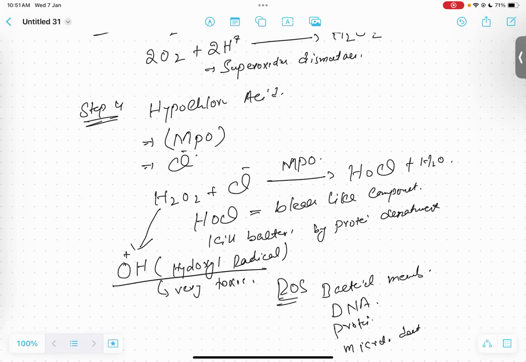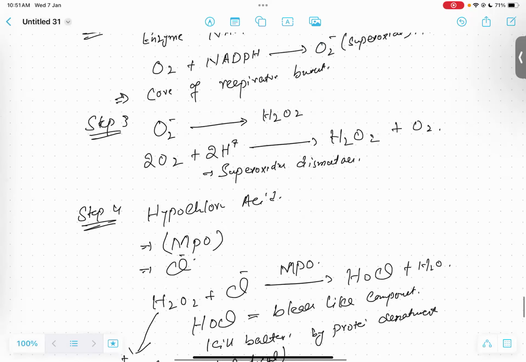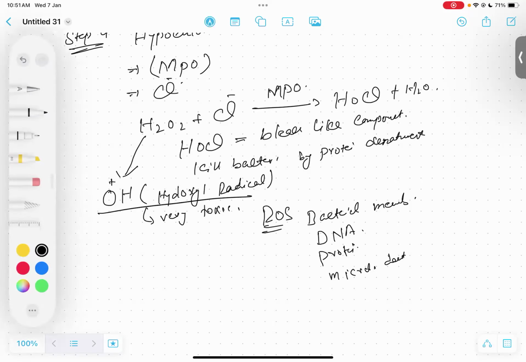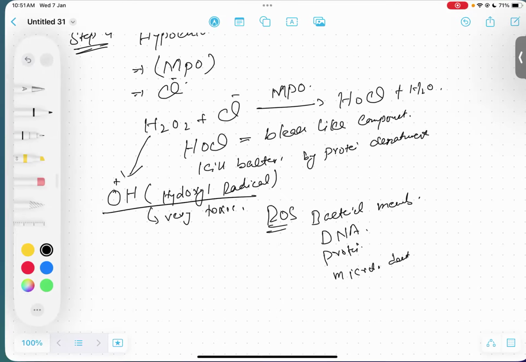The other way is usually, actually there are two different types of killing of bacteria. First is oxygen dependent killing and second is oxygen independent killing. So oxygen dependent killing occurs as a respiratory burst which will usually produce reactive oxygen species.